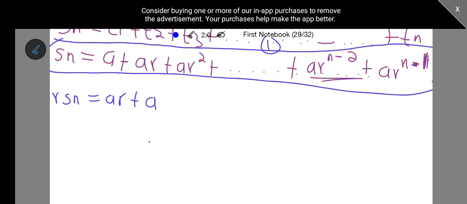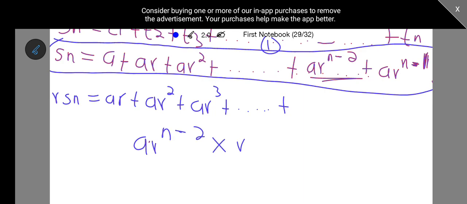It will give us ar squared. What is ar to the power of 2 multiplied by r? It will give us ar to the power of 3. Plus, then we go to the term that comes before the last term. Let me illustrate this. It's ar to the power of n minus 2 multiplied by r.